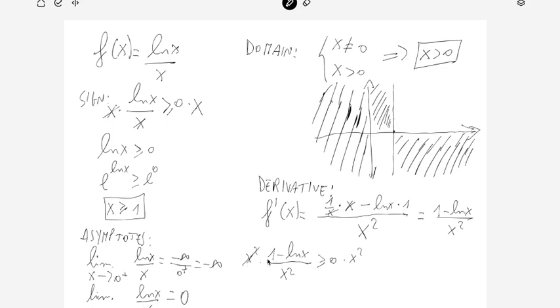So I can multiply by x squared and simplify, and I obtain 1 minus the logarithm of x greater or equal than 0. Okay, this means minus logarithm of x greater or equal than minus 1, so logarithm of x smaller than 1, by changing the sign and the verse, and 1 is the logarithm of e, so this means x smaller than e.